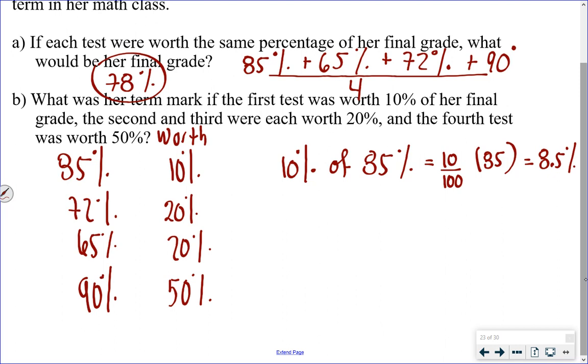Now, if the second test is worth 20%, then we need to figure out what 20% of her mark on that second test is. I'm going to switch to decimal. I'm sure you remember that 20% can be written as 0.20, 10% 0.10, 50% 0.5. So to go from percent to a decimal, you just move the decimal 2 places.